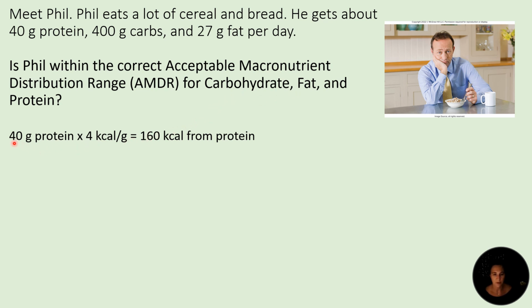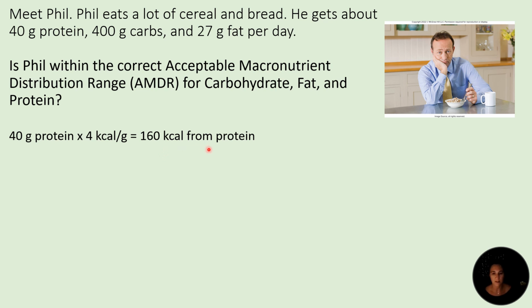So let's look at protein. So I told you that Phil eats 40 grams of protein a day. We know from the last chapter that proteins yield 4 kilocalories per gram. And so we can multiply the number of the grams of protein that Phil eats, 40 by 4, and we get 160 kilocalories from protein.